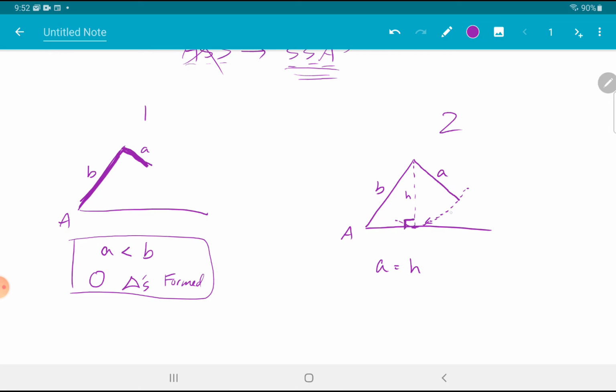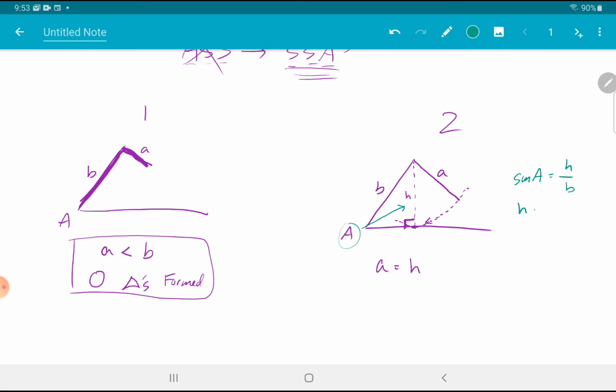If it's a right triangle, notice that we can just use a little behind-the-scenes work of seeing that if we have angle A here, then sine of A, you always want to use sine because sine will represent the height there. Sine gives you h over b.